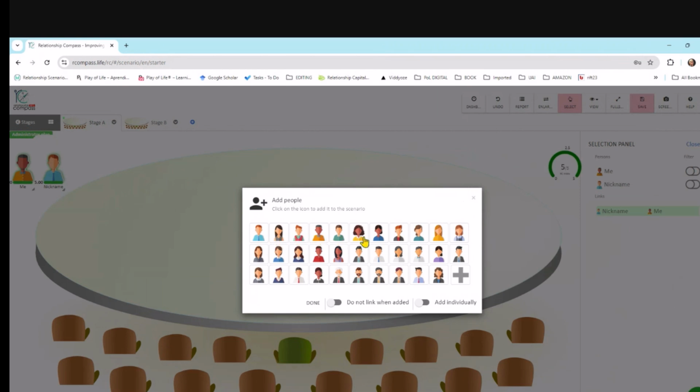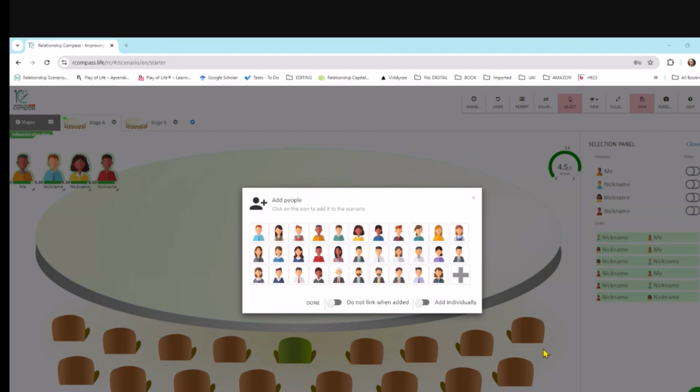Yep. A second row, fourth one along. Yep. That's it. Only 4 people?